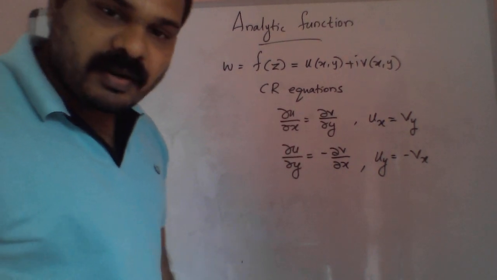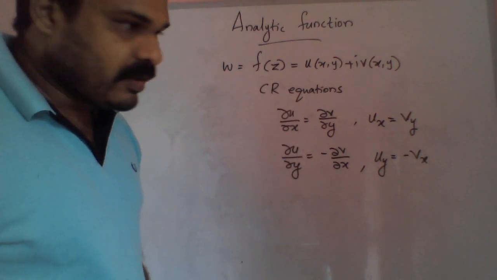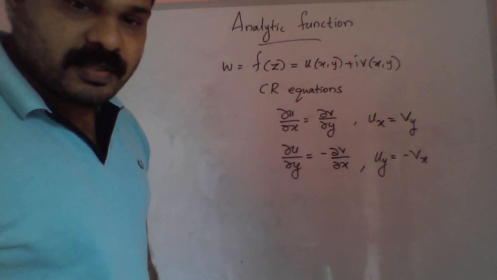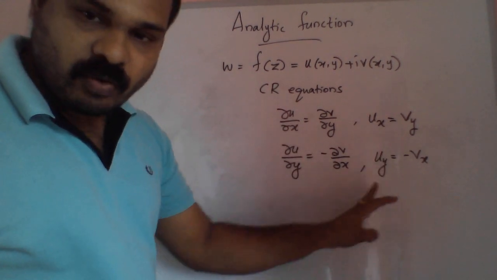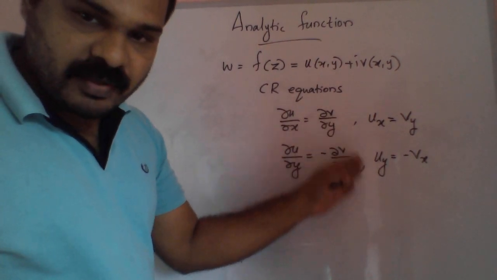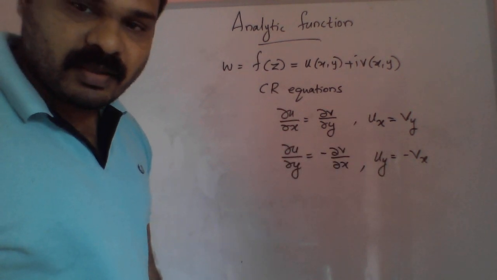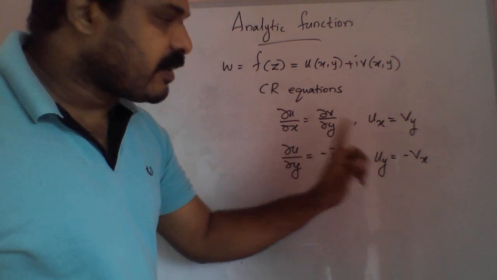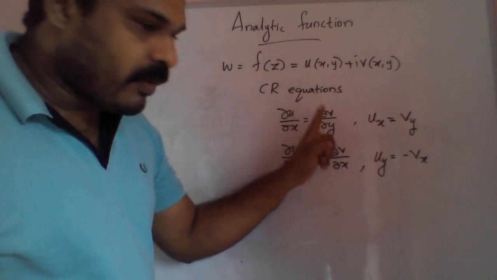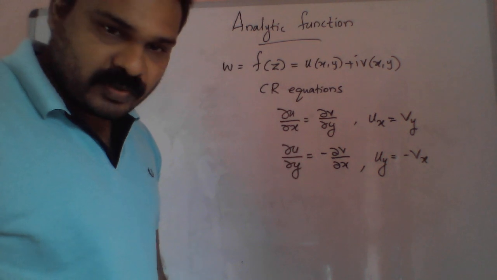And the sufficient condition for a complex function to be analytic is that the real and imaginary parts satisfy the Cauchy-Riemann equations ux is equal to vy and uy is equal to minus vx, and also these partial derivatives, dou u by dou x, dou v by dou y, dou u by dou y and dou v by dou x, are continuous.